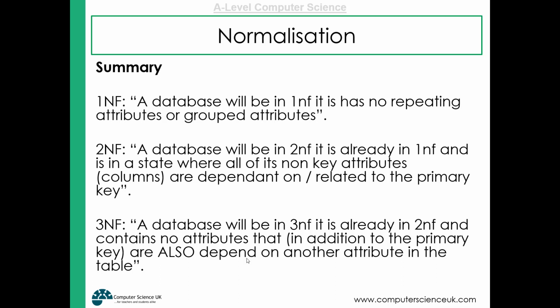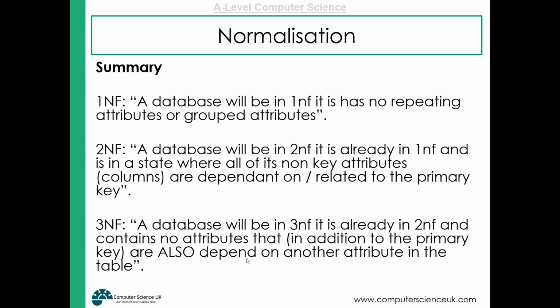So in summary, the database will be in first normal form if it's got no repeating attributes or grouped attributes. So getting that table into a flat file database with each record having no repeating attributes and no grouped attributes, that's the first step. If we want to then go on to second normal form, it's about making sure that we identify what the different entities are and split the database up into separate tables, each table being about an entity.